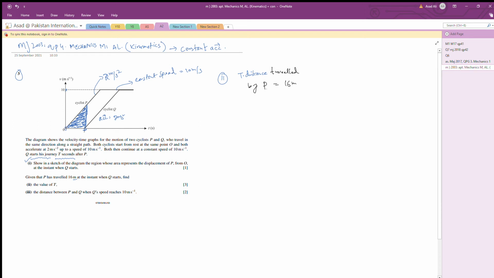This is a triangle, so 16 is 1/2 base times height. So 1 over 2, base is T, height is unknown.